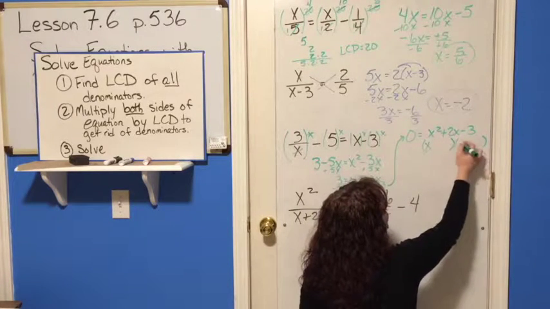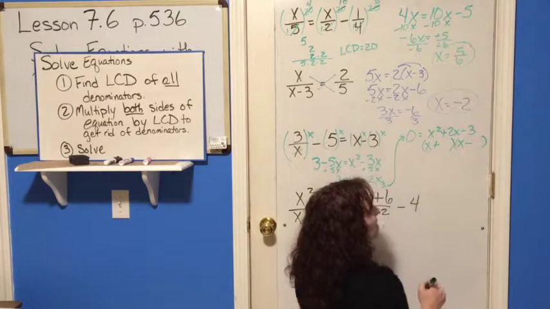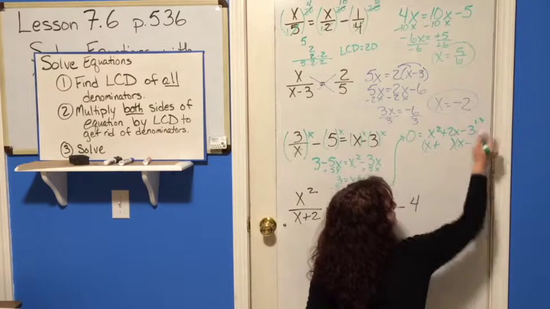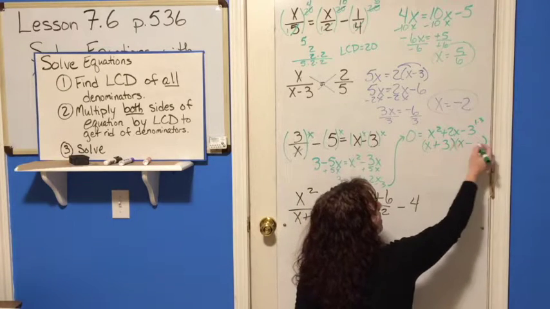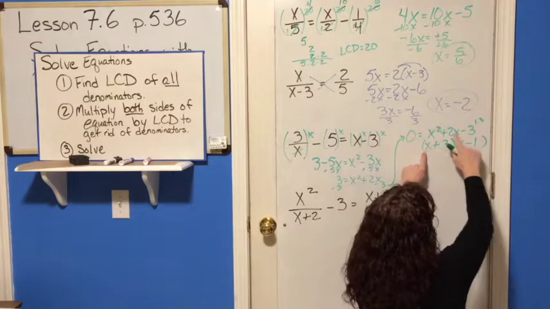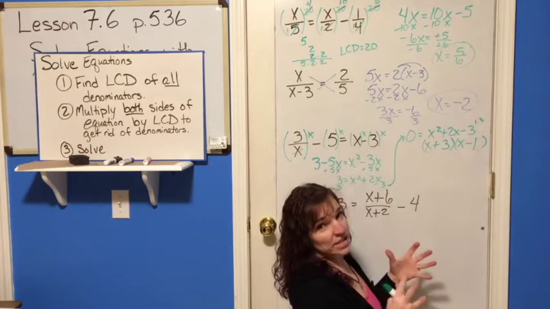So x times x is x squared. The signs are different, so one positive and one negative. And 3 times 1 is 3. And I want my bigger number to be positive. So 3 and 1. Check it to be sure: 3 minus 1 is indeed 2x, so we're good to go there. Now remember, we're not done yet.